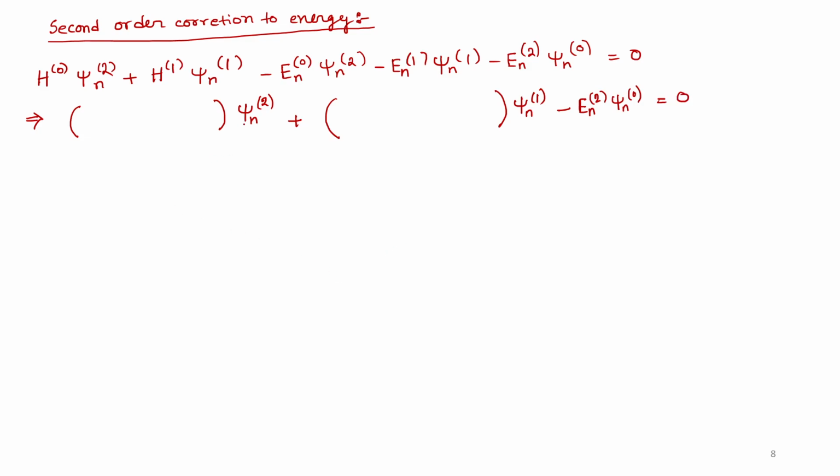What else do we have? Psi n 2, what do we have here? We have H, oh, we forgot to write the operator hats that I have kept. Now here we have en naught. Here what do we have in common? We have h1 minus en1 on it, and I have written all the terms.